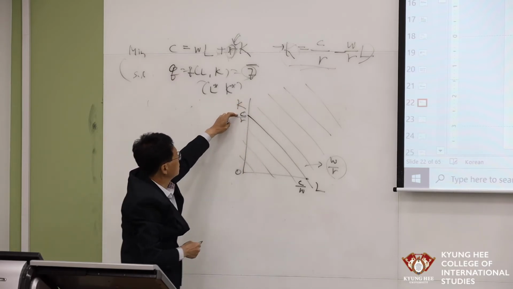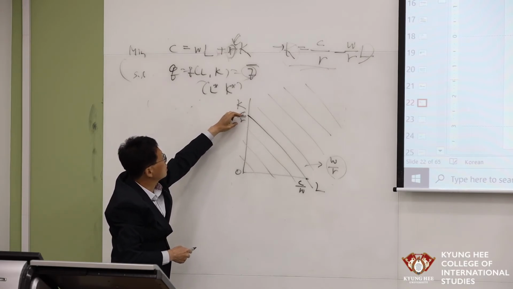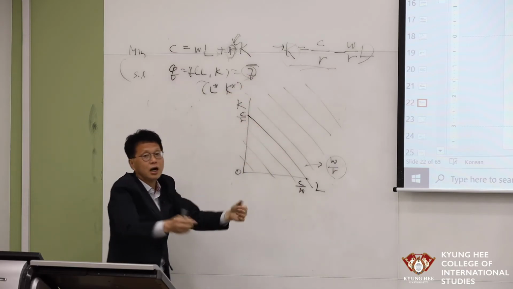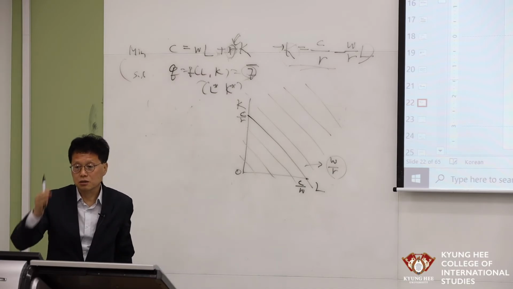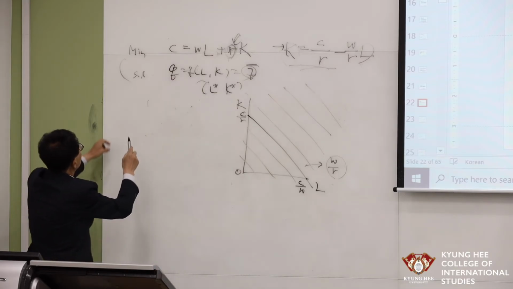A high intercept means C, the total cost, isn't it? R is a constant because of the competitive market. So a higher isocost line implies higher cost. Okay? So anyway, this cost minimization problem is simple.